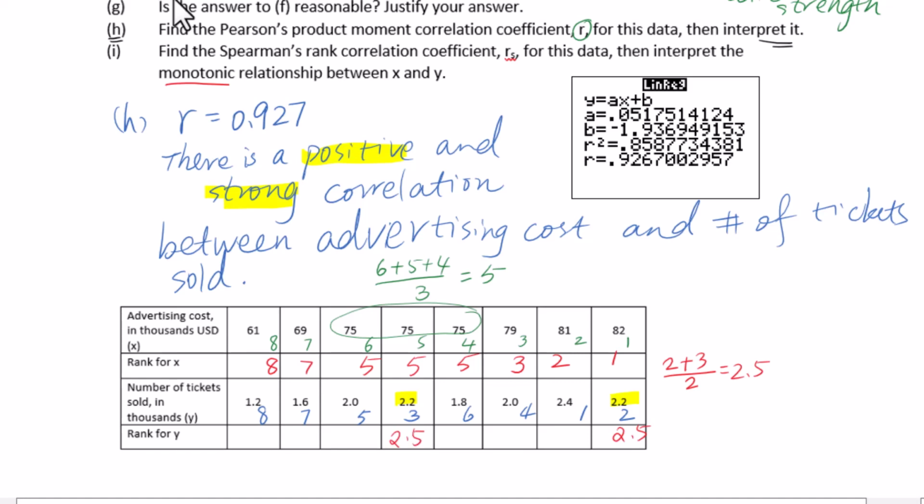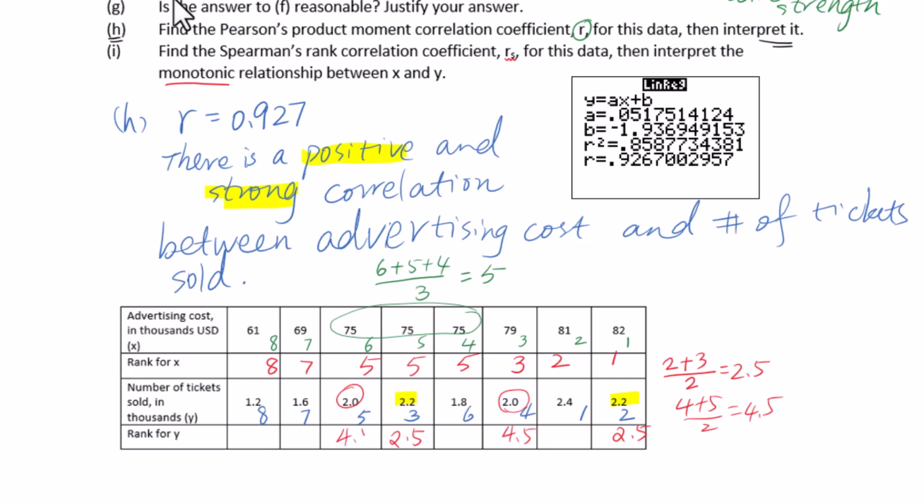We will do the same thing to the 2.0s: 4 plus 5 divided by 2 equals 4.5. So we have 4.5, 4.5. The rest of them, we just write down. This will be the rank for y.